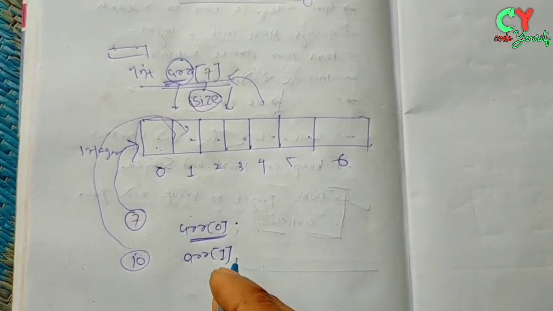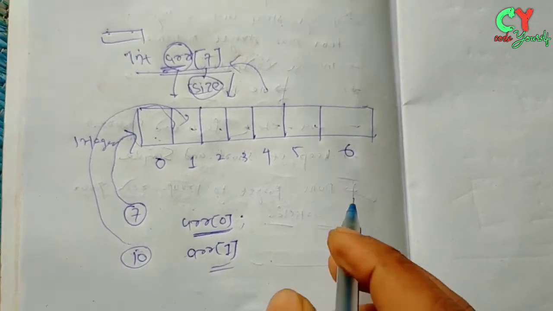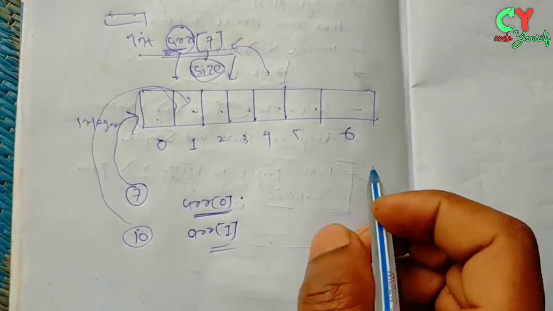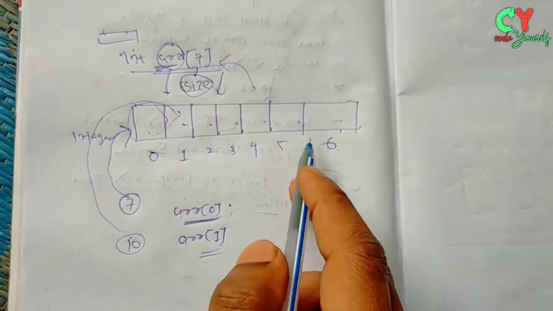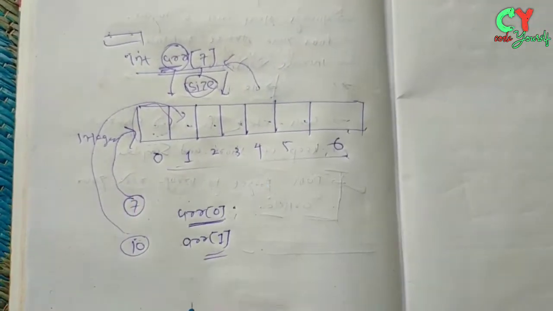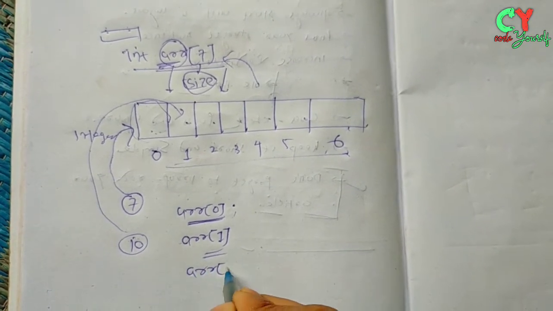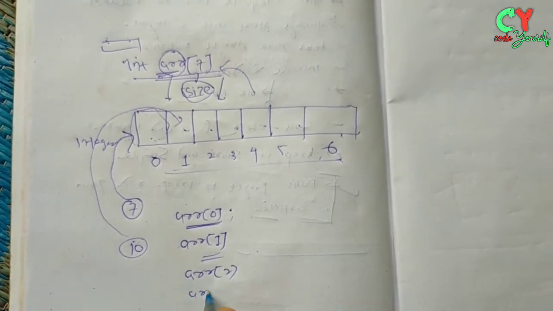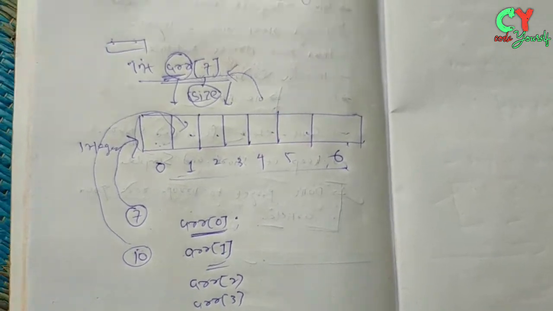In this way we can store elements in an array. Now see, how many blocks is it? It is 7 blocks. For that we can write arr of 2, arr of 3 like this.